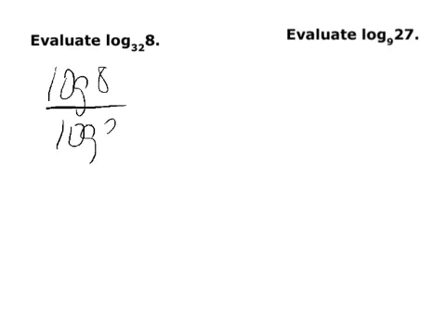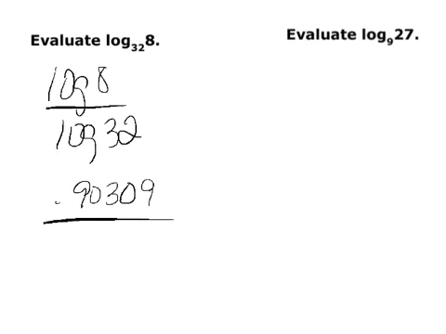Log base 32 of 8. We're going to change it into log 8 over log 32. Then I'm going to get out my calculator and do log 8, I have 0.90309, log 32, 1.50515, 0.9 divided by, sorry, I'm doing some calculations here.